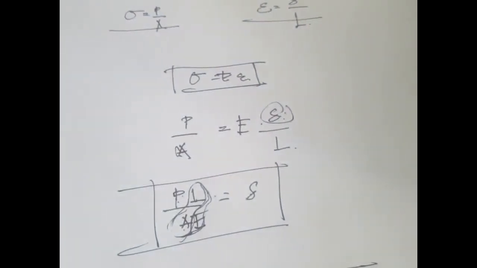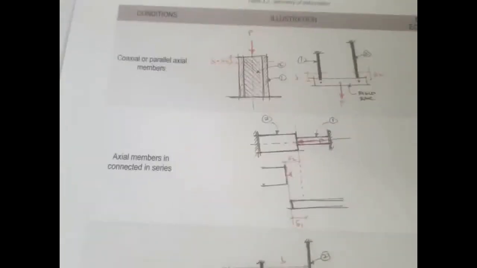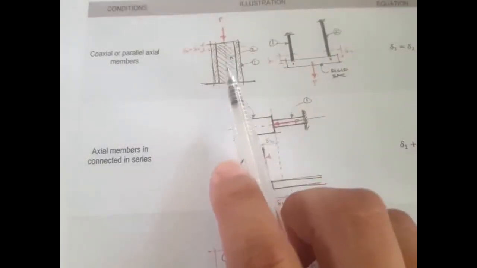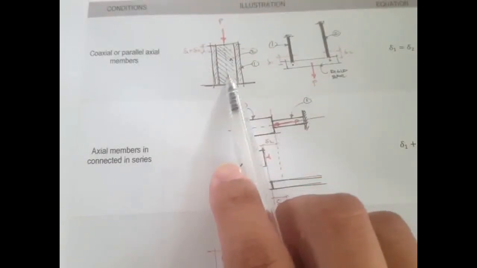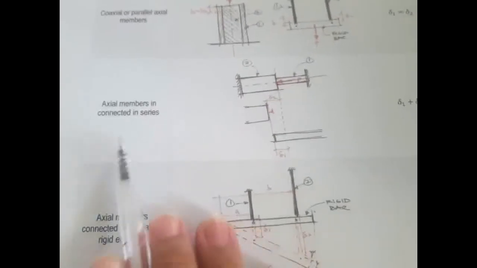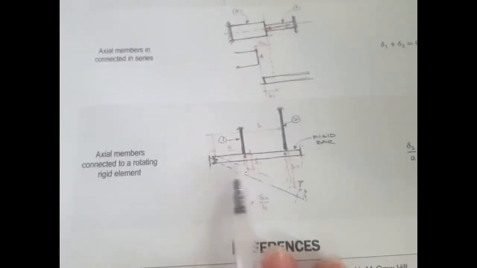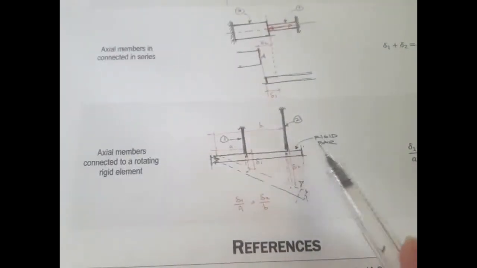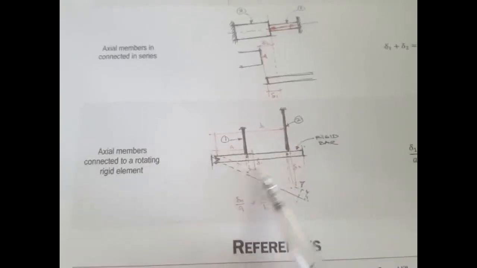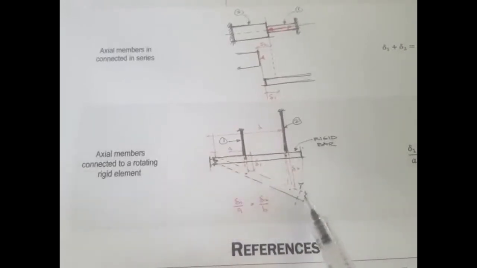Right here in our lecture handouts, we have coaxial or parallel axial members, and we also have this one. If there's a force and it deflects, we have a deflection of 1 and a deflection of 2.